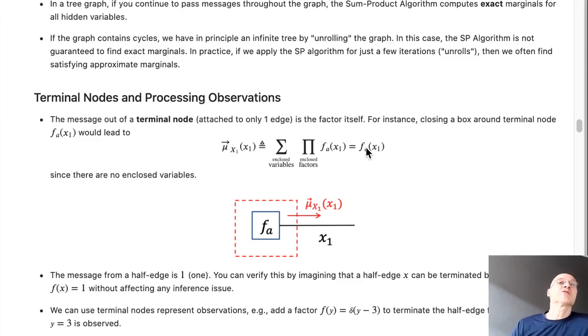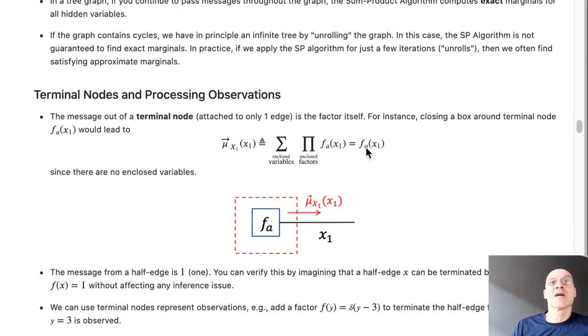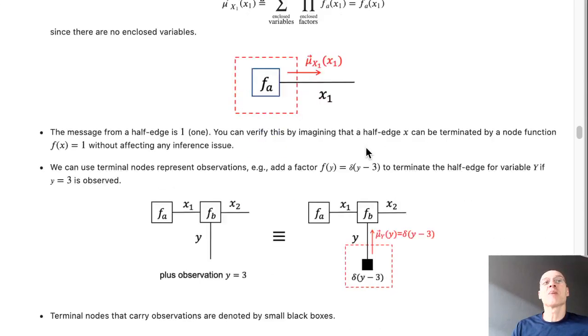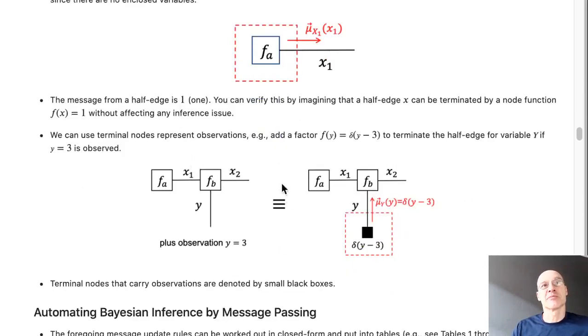And that allows us also to add data to the graph. If I have this graph here, and I actually observe y, I make an observation, y equals 3.